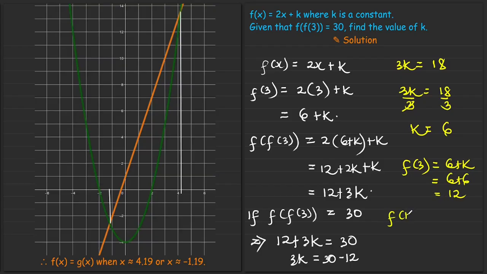So now let's look for f of 12. And that is 2 times 12 plus our k, which is 6. This gives us what? A 24 plus 6, which is also equal to 30, just as we were told. So therefore, k is really equal to 6, no doubt.